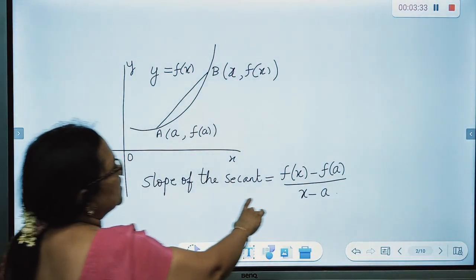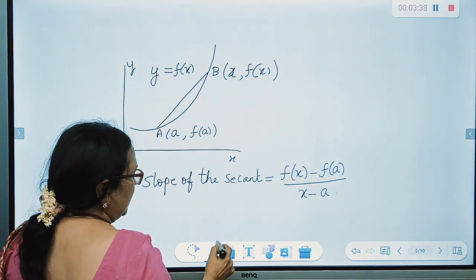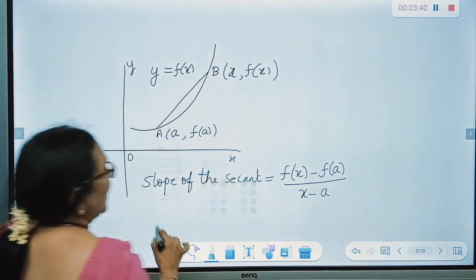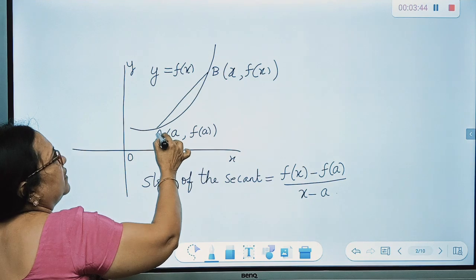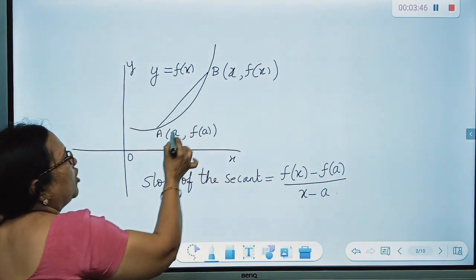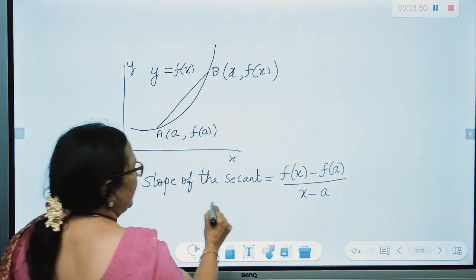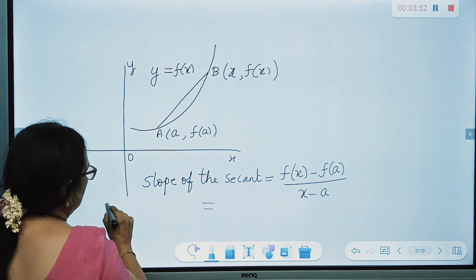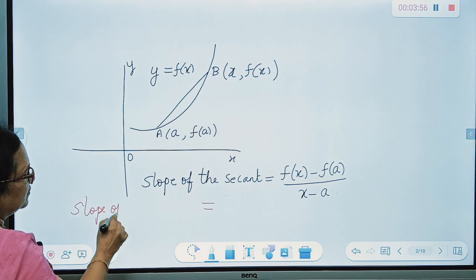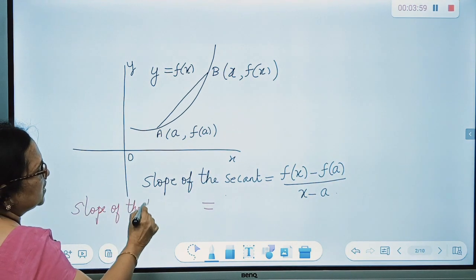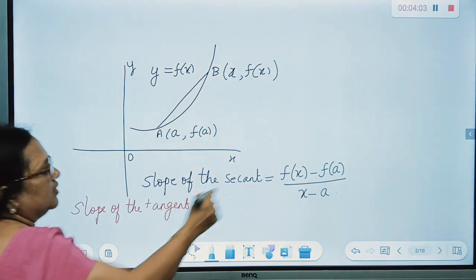So slope of the secant is f of x minus f of a by x minus a. Now, as B tends to A, then x comma f of x is almost coinciding with a comma f of a. That is the limiting case. So slope of the tangent is nothing but the limiting case of this expression.